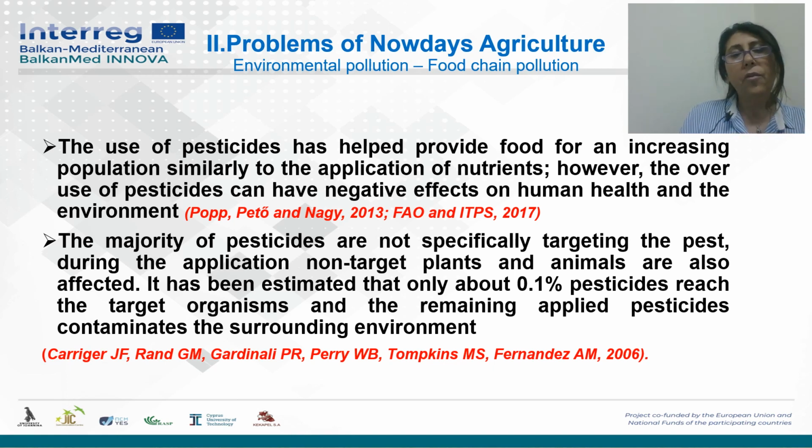The majority of pesticides are not specifically targeting the pest during the application. During the application, other organisms, non-target plants and animals, are affected. There are some estimations that only about 0.1% of pesticides reach the target organism and the remaining applied pesticides contaminate the surrounding environment.